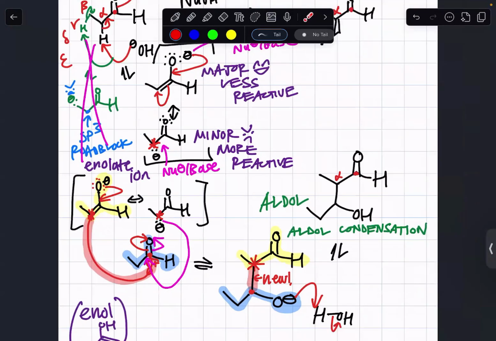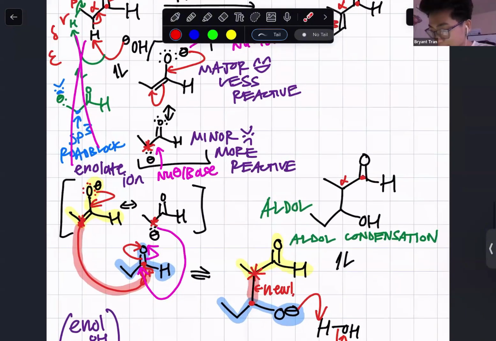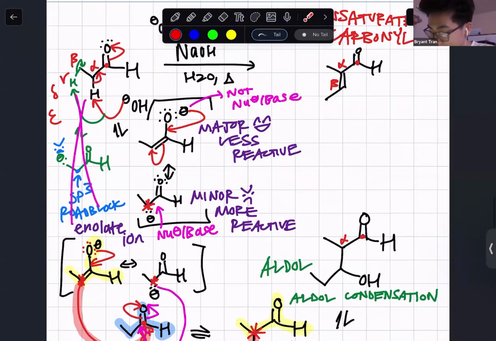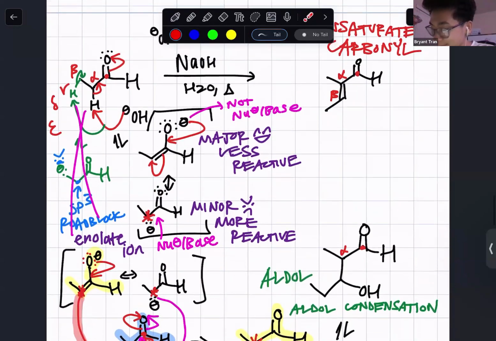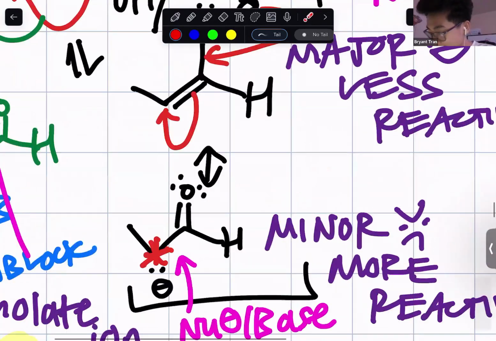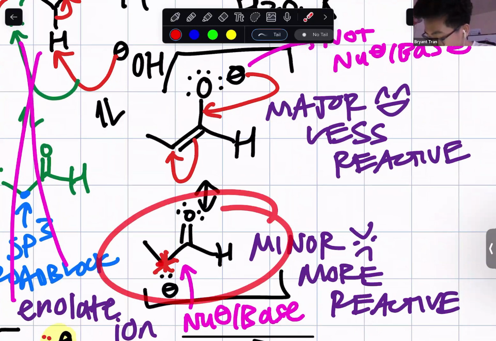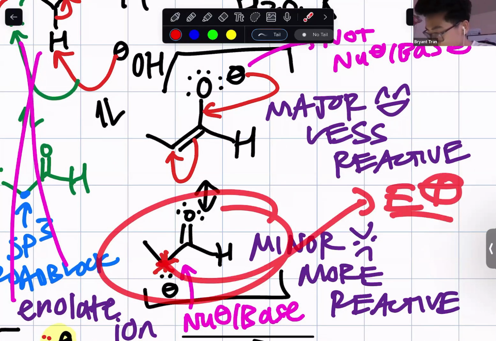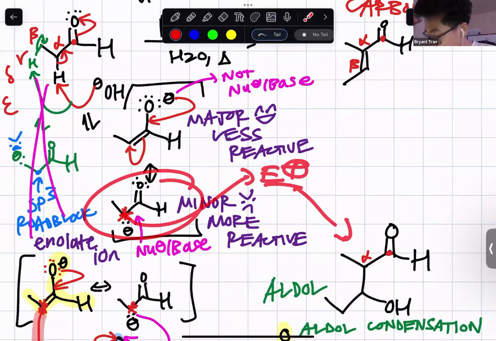Don't get overwhelmed with a lot of reactions, because they use the same nucleophile. Like this enolate ion here, where the alpha carbon is the nucleophile, it could attack a lot of electrophiles. It could attack an aldehyde, which is what we're doing right now for the aldol condensation and dehydration, or it could attack a primary haloalkane to do SN2.